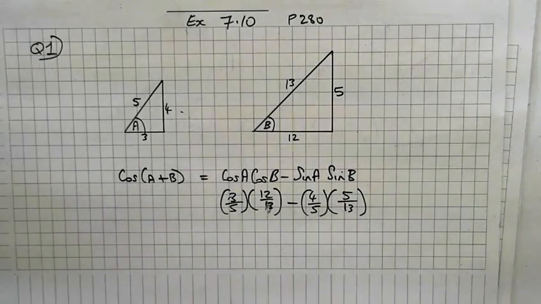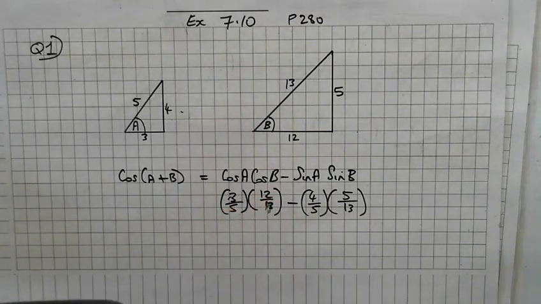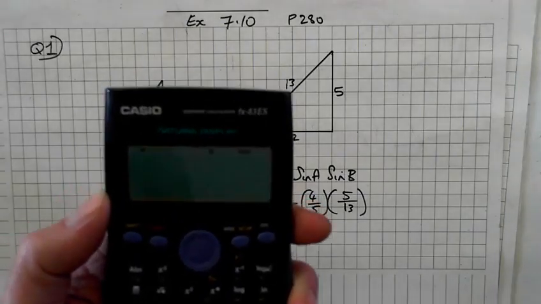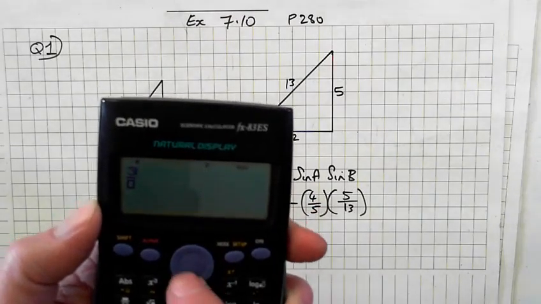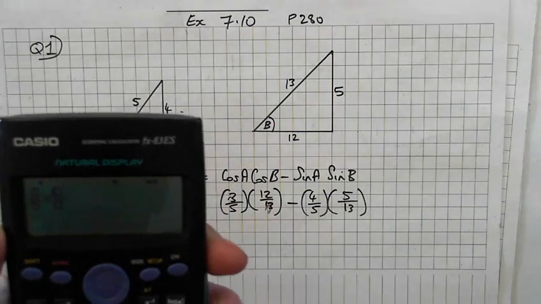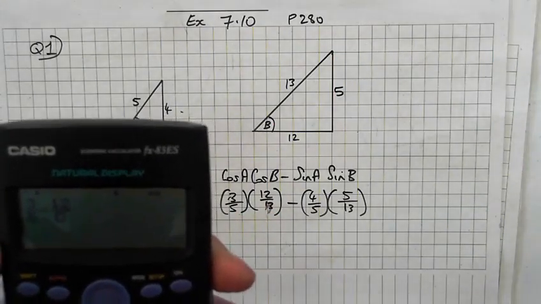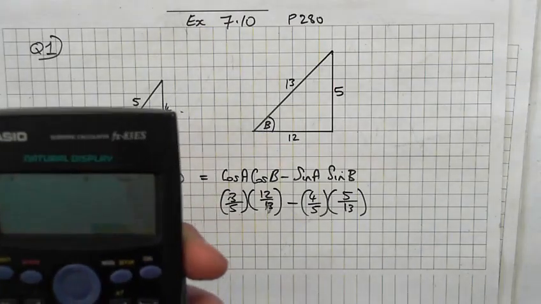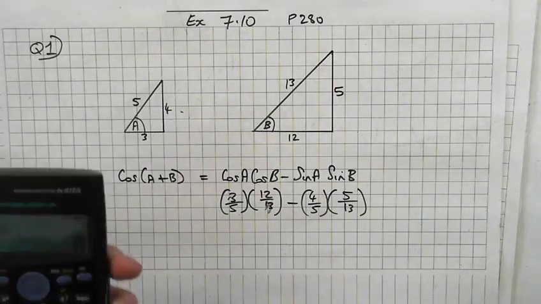It's a simple case of using your calculator now. So 3 times 12, so that's 36 over 5 times 13. So it's 3 over 5 times 12 over 13 equals. So the first one is 36 over 65.